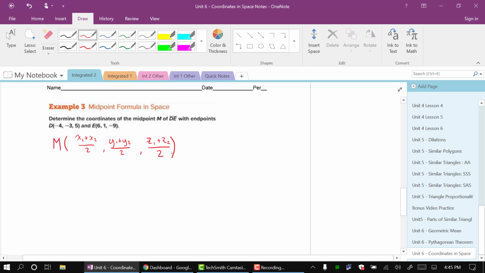So we have point D, which is at -4, -3, 5, and we have point E, which is at 6, 1, -9. So let's add these together.